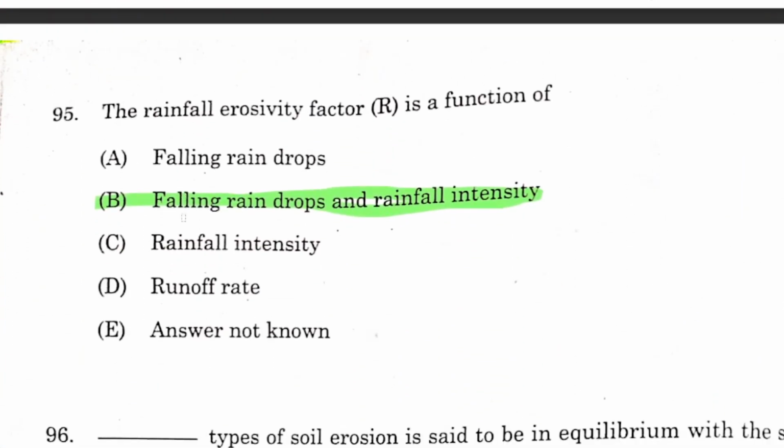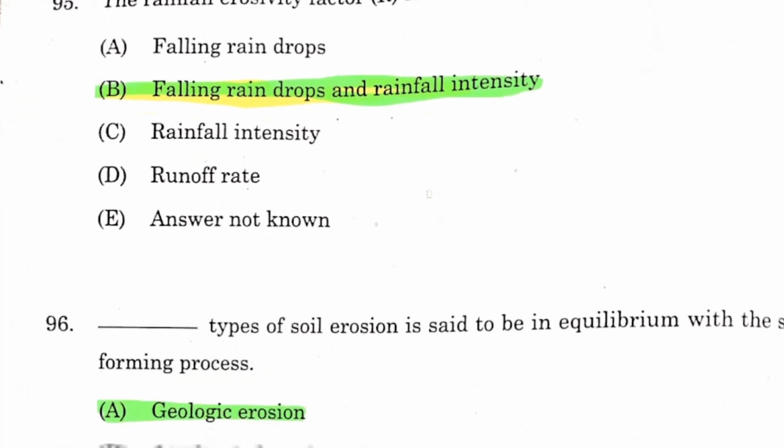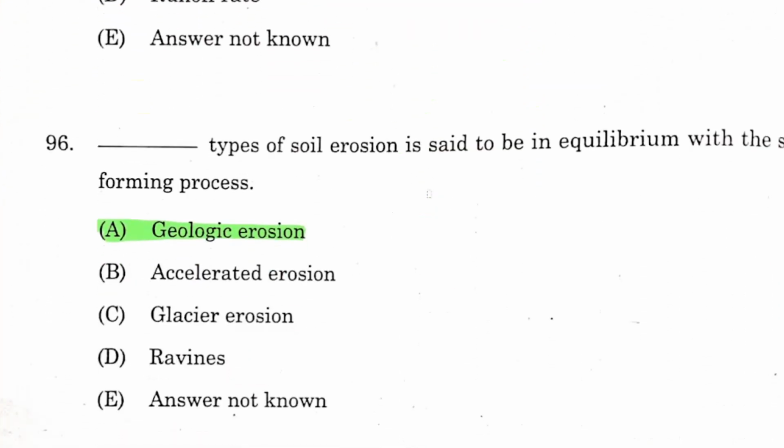Next one is 95. Soil erosivity factor is a function of falling raindrops and rainfall intensity. Falling raindrop is option number B, correct here. Next question number 96. This type of soil erosion is said to be in equilibrium with the soil forming process, that is geologic erosion.